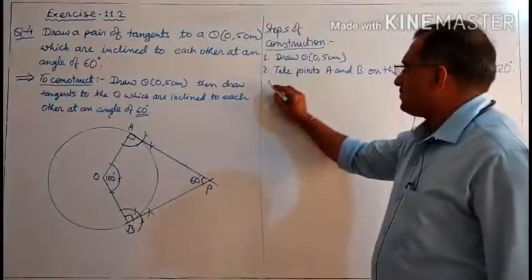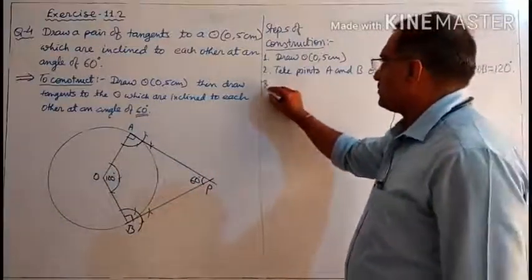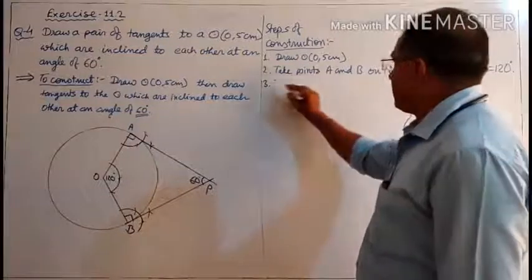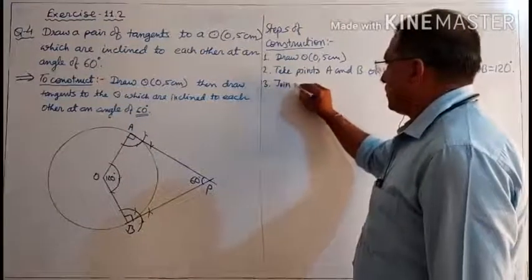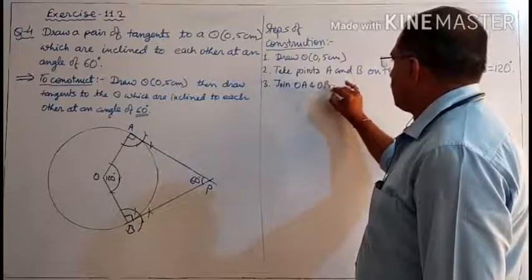Okay. After getting this point, join OA and OB.